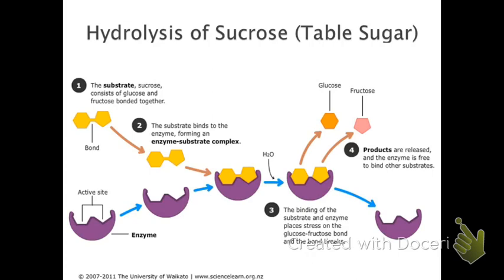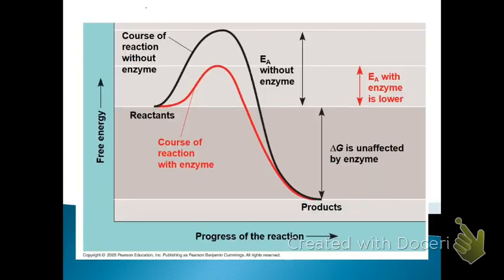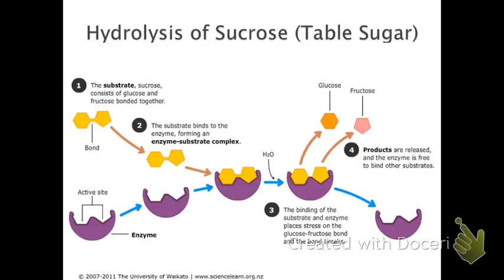So what you need to draw is this enzyme right here. Well, whoops. Hold on. Let me go back. There we go. Okay. All right, so you need to draw this enzyme right here.